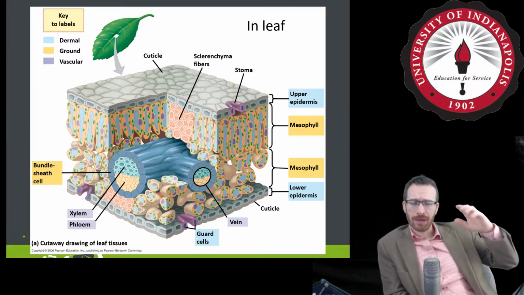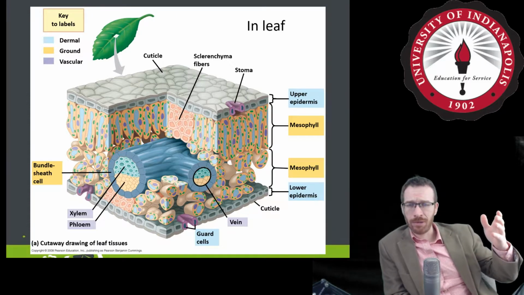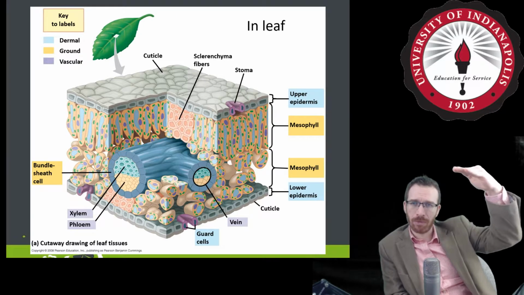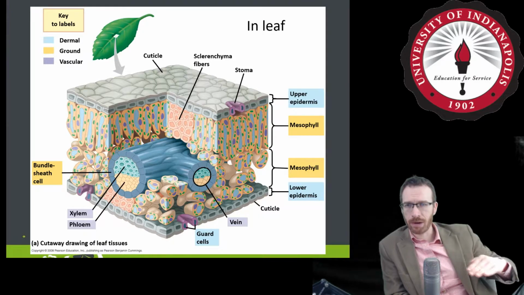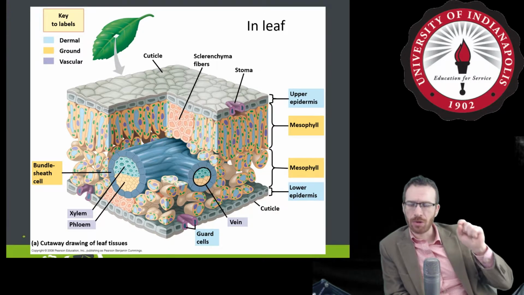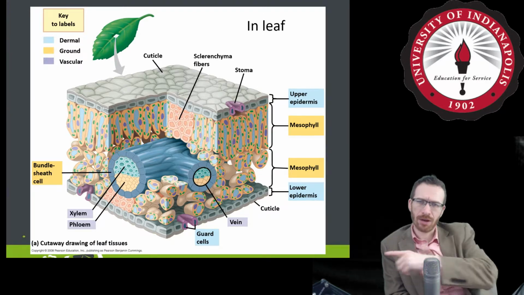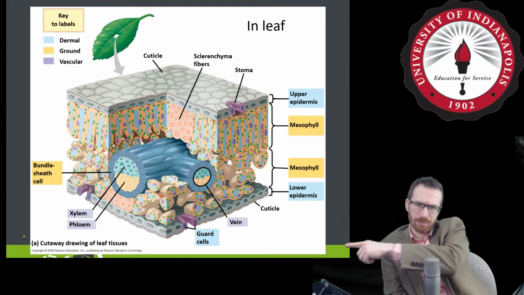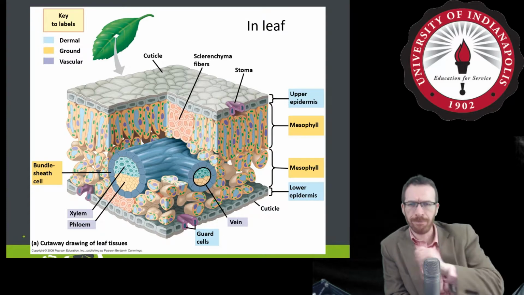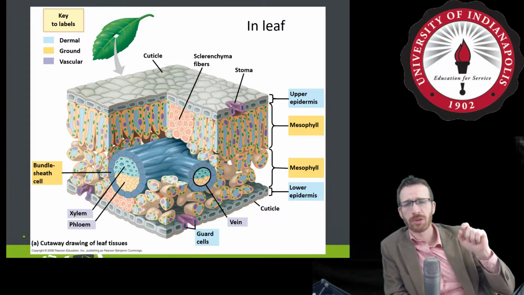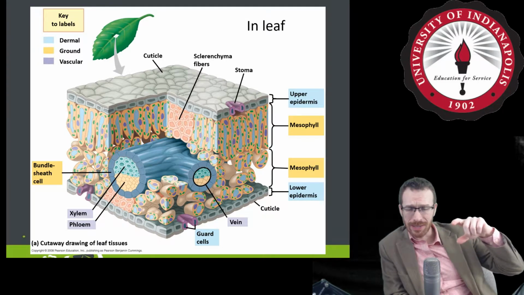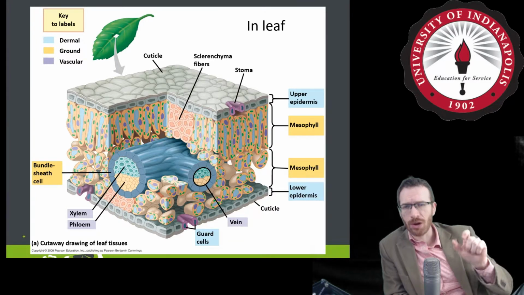So if we look at a diagram of a leaf, we see up the top there, upper epidermis. We see at the bottom, lower epidermis, the stomata. Notice we have cells, I can't point to it, but in purple there, called guard cells. Guard cells are the cells that are just on the edge of the stomatal opening.